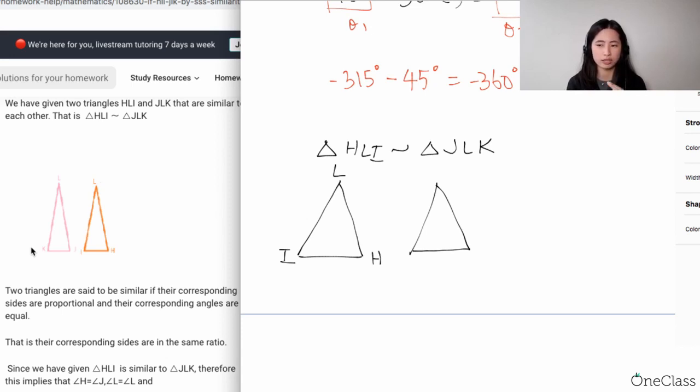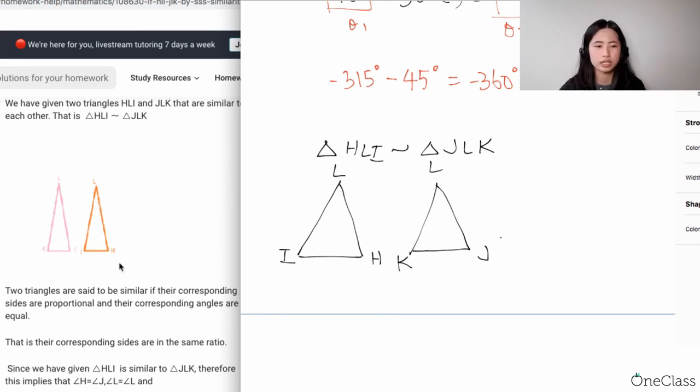It's proportional. So proportionality is different from two triangles being congruent. I just wanted to put that out there. So if you have JLK, that's the pink triangle that they have here. I just wanted to have the first triangle being HLI because I think it's reasonable to have this statement with the first triangle being HLI.